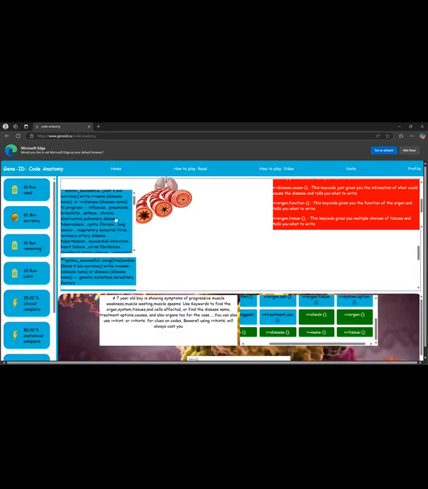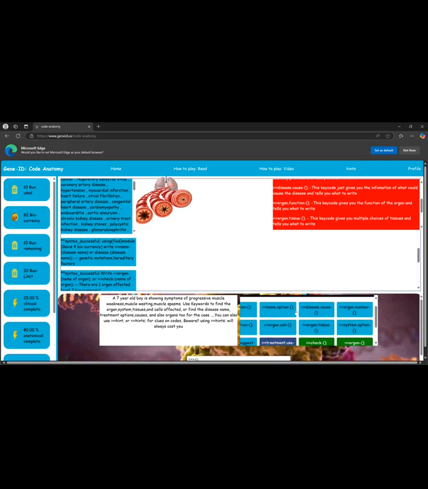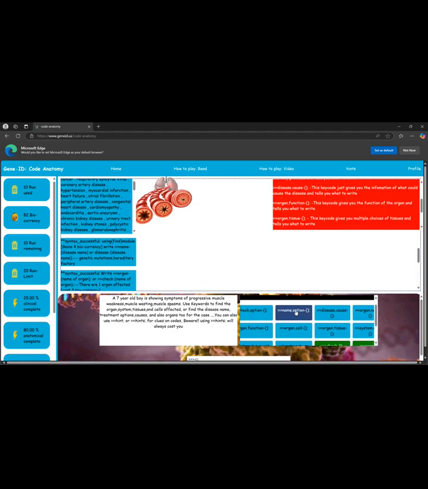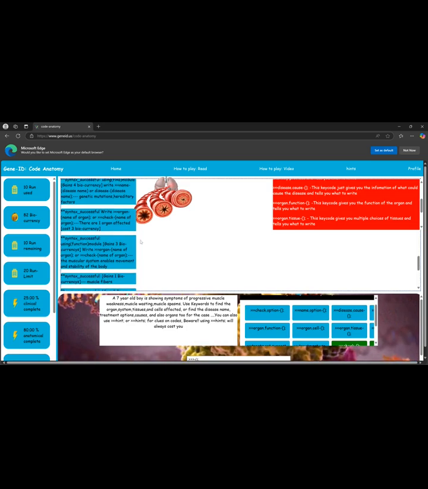I think they gave us the whole dictionary. Cardiomyopathy. I'm not sure that's it. But what organ? Is there a way to check what organ? It just said organ number and organ function, and the way that is the muscular system.